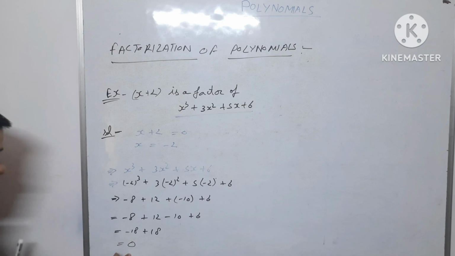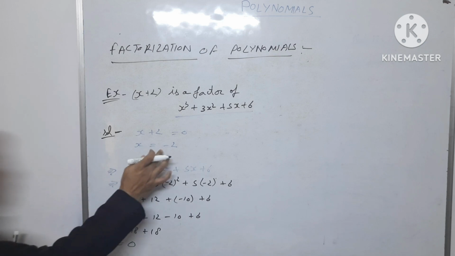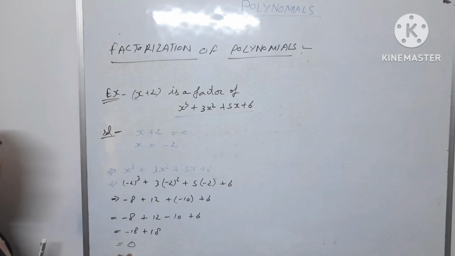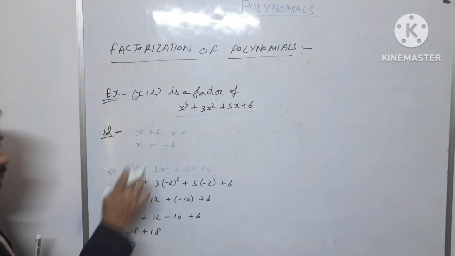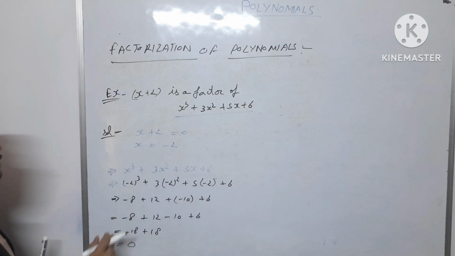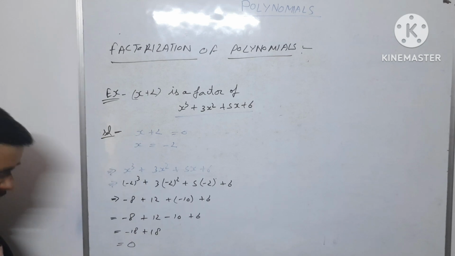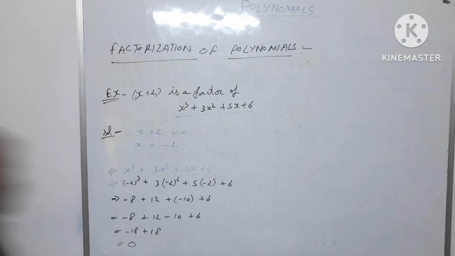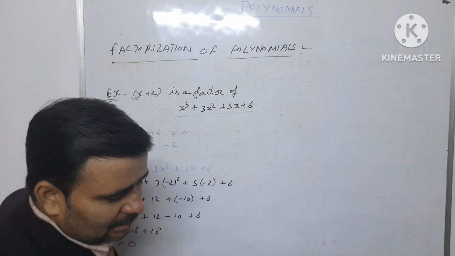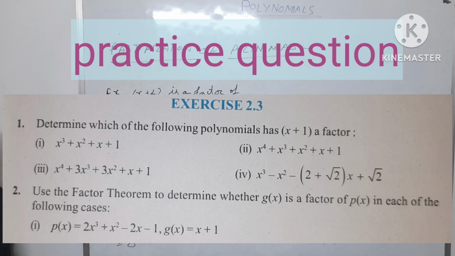Here you can see that after putting the value minus 2 we get 0, because as I told you earlier, if any value converts the whole polynomial to 0, that is a root of that polynomial. That's why we can say that x plus 2 is a factor of this polynomial. With the help of this we can find the factors of any polynomial.